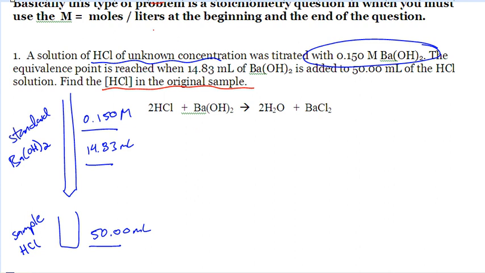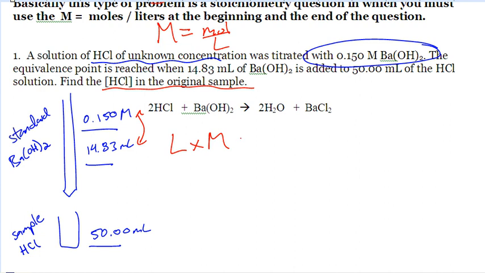So if you have molarity, the formula is moles over liters. We want moles, so you are going to start with liters times molarity. And it's not a coincidence that you have a liters number and a molarity. You multiply those together, you get moles.